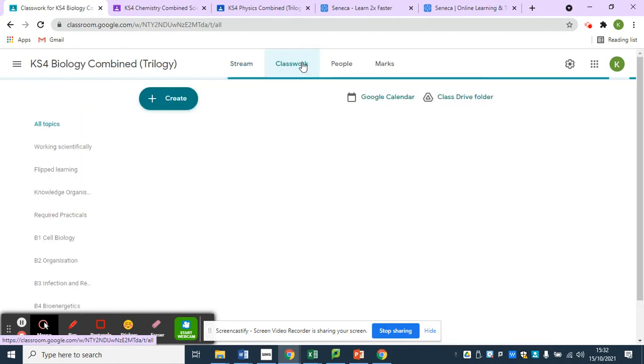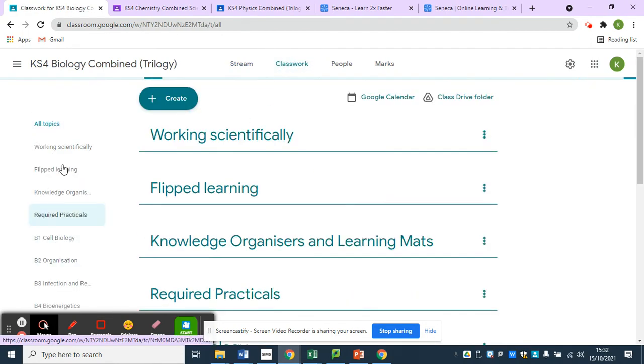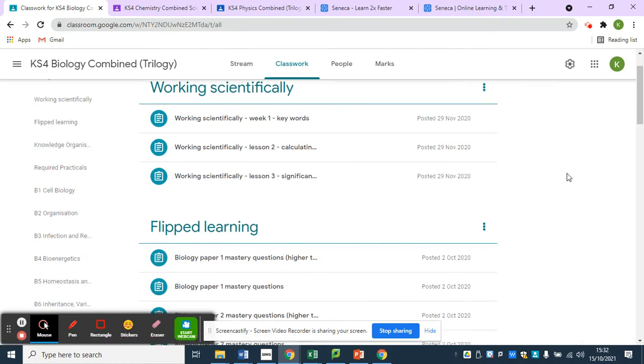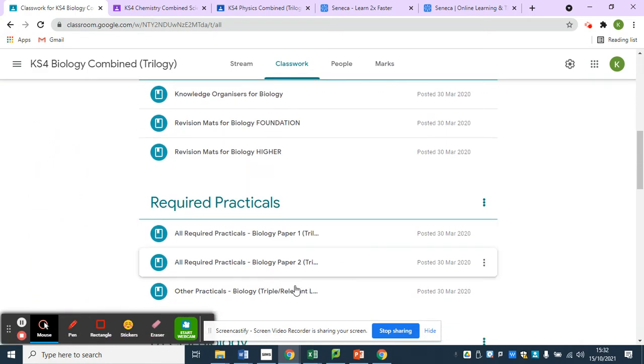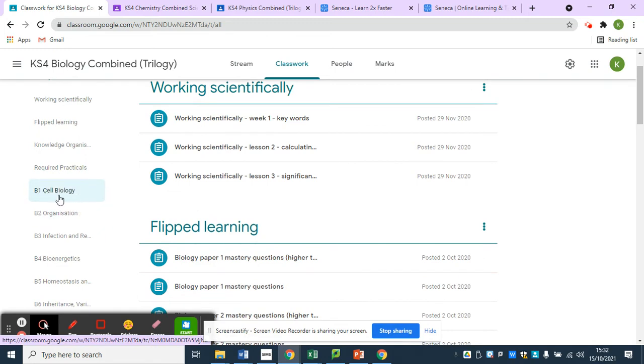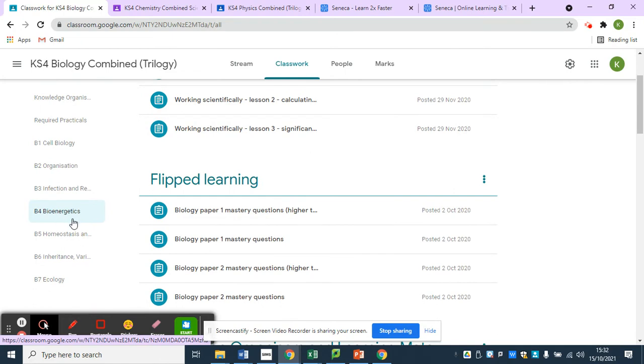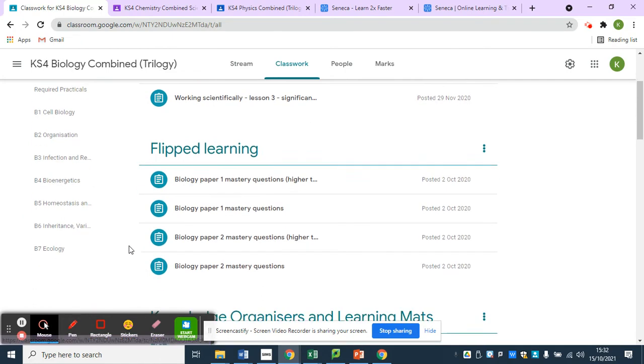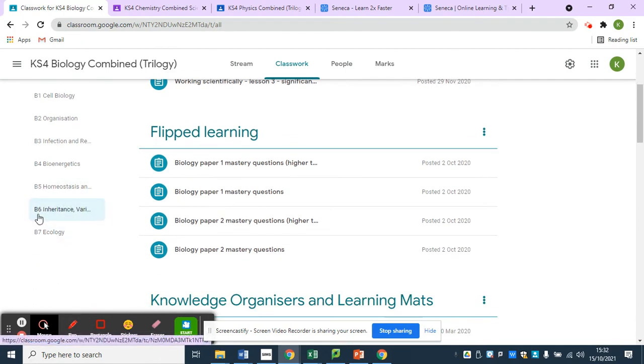If you click on the classwork tab, it's easier to navigate, and we've got different sections with all the different information. In the mocks, we will be covering the biology, cell biology, organisation, infection and response, and bioenergetics. The following topics, B5, B6, and B7, are on paper 2.